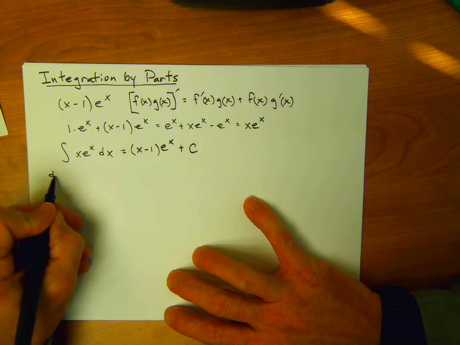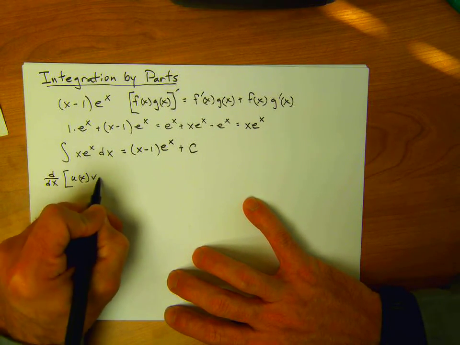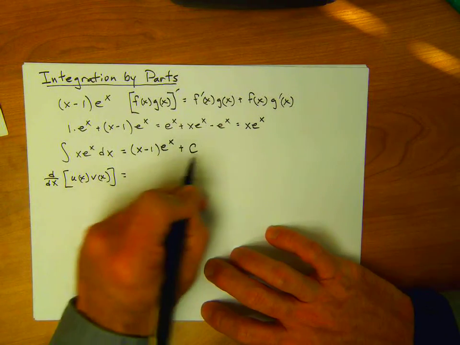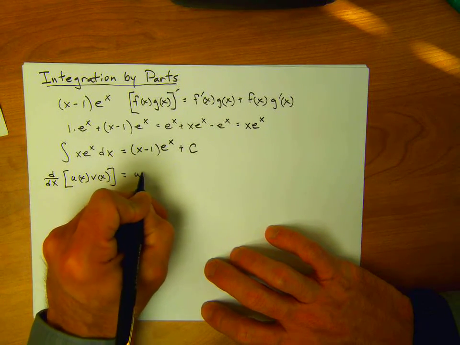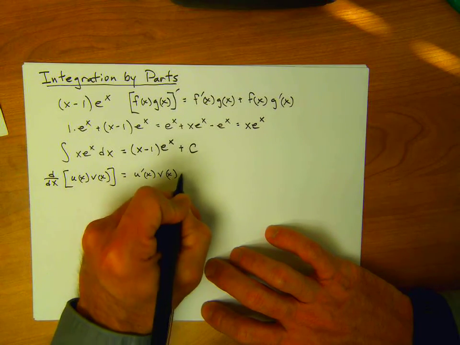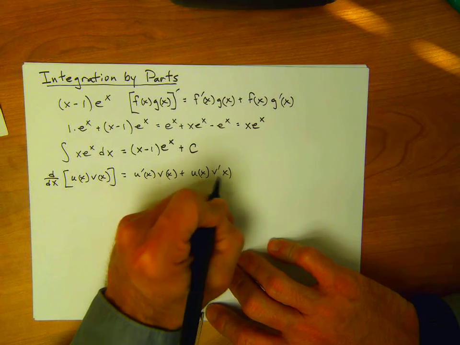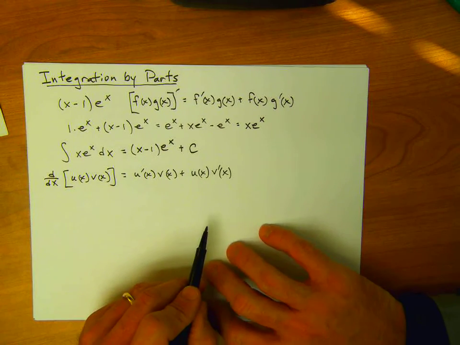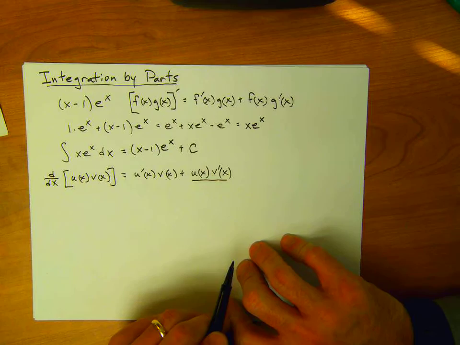Just real quick, let's write that down. If we have u of x times v of x, then what we're looking at is the same thing up here, except I'm going to call the first one u and the second one v. So we have u prime of x times v of x plus u of x times v prime of x. If I rearrange things a little bit, let's solve for this term right here.